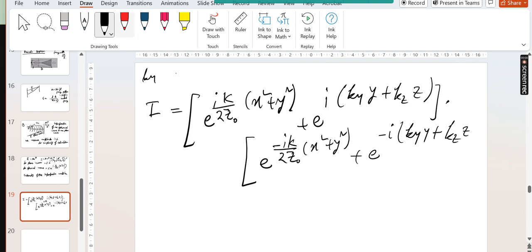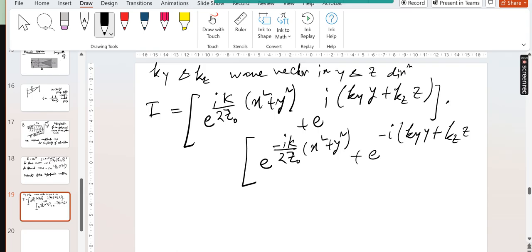So k y and k z is basically the wave vector in y and z direction. So if you simplify this, this becomes 1, and if you multiply this becomes 1, and not the indefinite metric term.